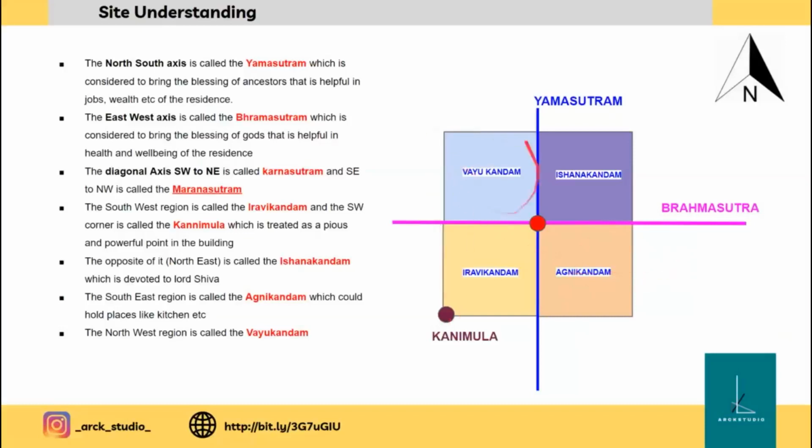Then if you take into consideration the Vayuganda, where the washrooms and such come about, normally in the site the Kanimula is always said to have the highest contour. That is, it is elevated a little, and the lowest contour, or the lowest part of the height, would be in this region where I am showing the laser pointer.